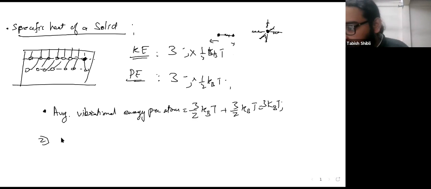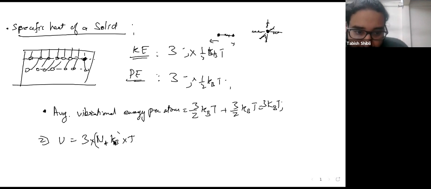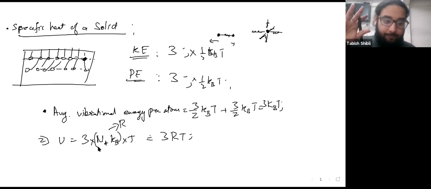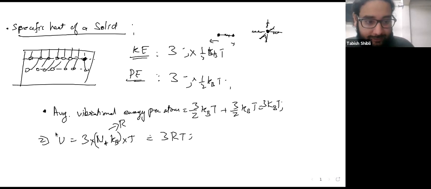So this implies what is your U? Well, that's nothing but the number of atoms. If you're taking 1 mole of this, so 3 into NA multiplied by kB into T. This is nothing but R. So this is just 3RT. So this is the change in internal energy.